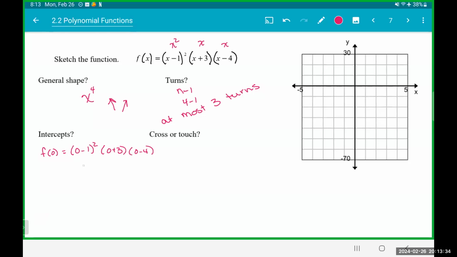So when we do all of that, that simplifies to -12. So our y-intercept is going to occur at 0, -12.